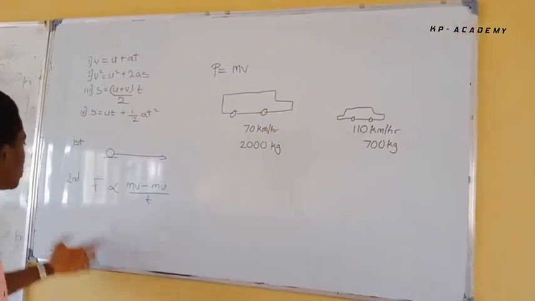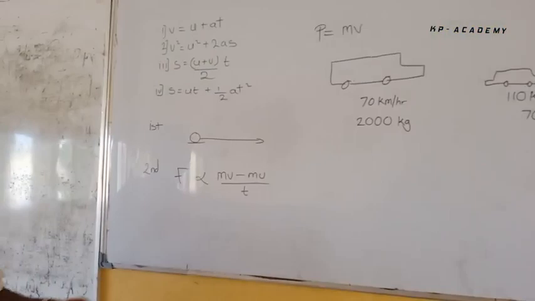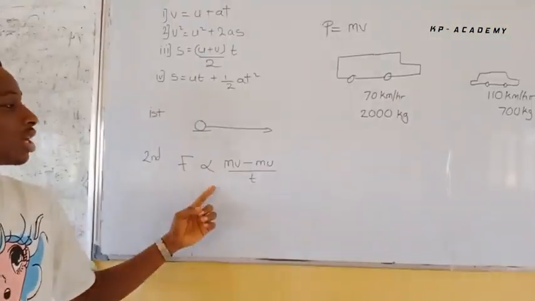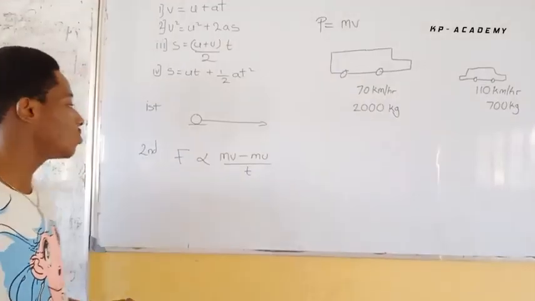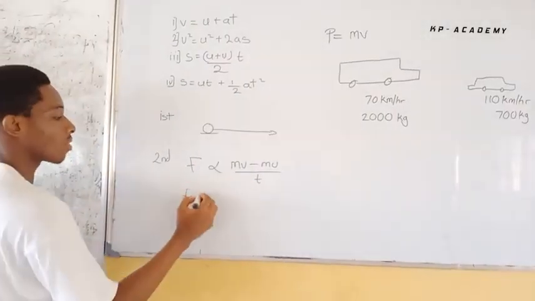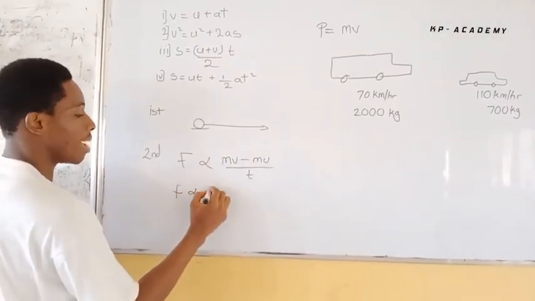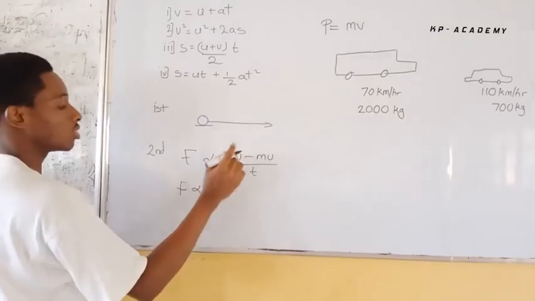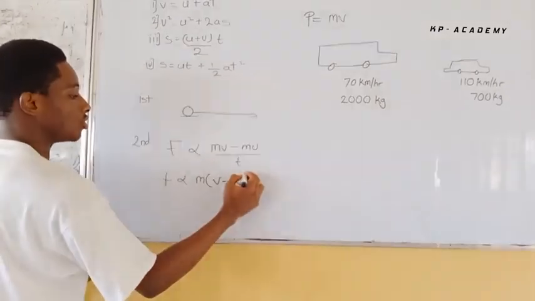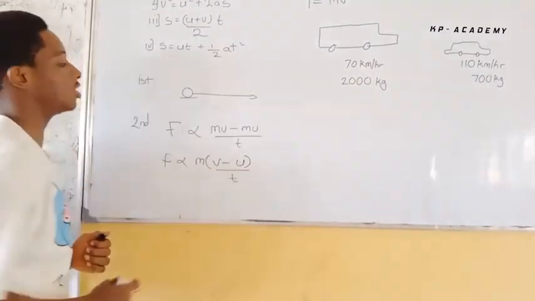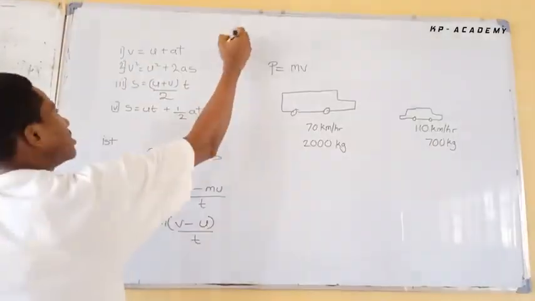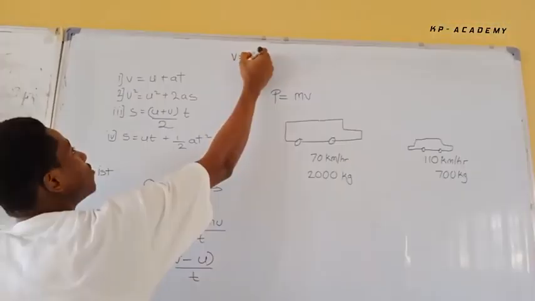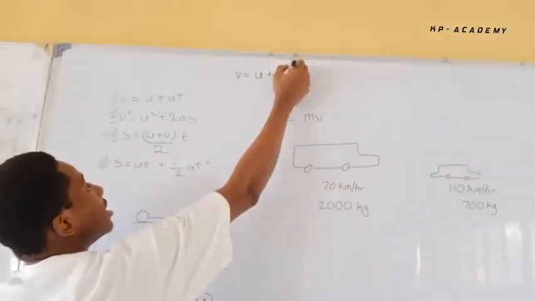Now back to Newton's second law of motion. It says that the applied force is directly proportional to the rate of change of momentum of that body, so F is directly proportional to m, which is common to both, times v minus u, all divided by t. If we take note of the first equation of motion, v is equal to u plus at.